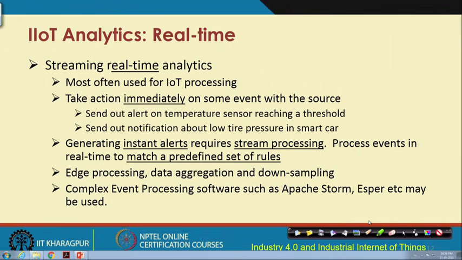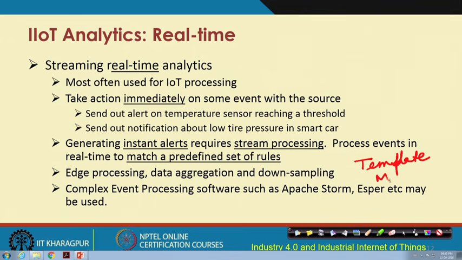Template matching is a useful technique for necessities like this. Edge processing, data aggregation and downsampling are very important in analytics, particularly for streams of data coming in real time, which will have to be processed in real time. Complex event processing software such as Apache Storm, Esper, etc. may be used for this particular purpose.